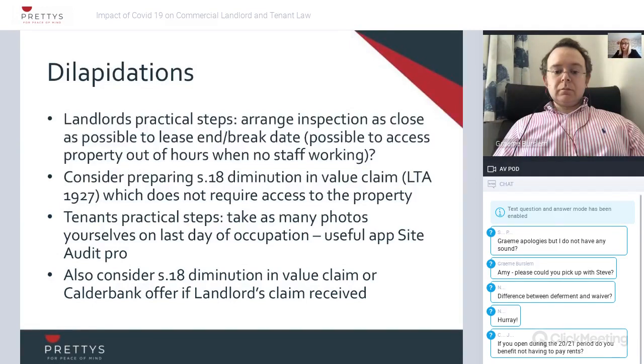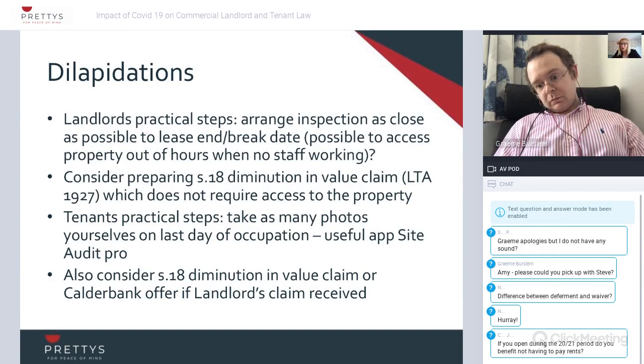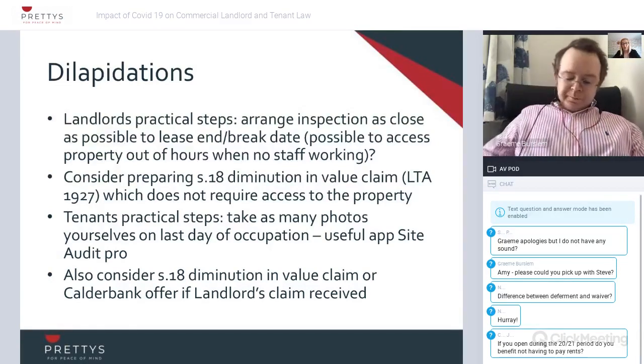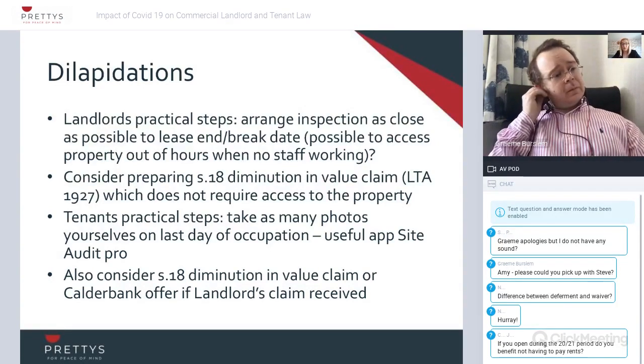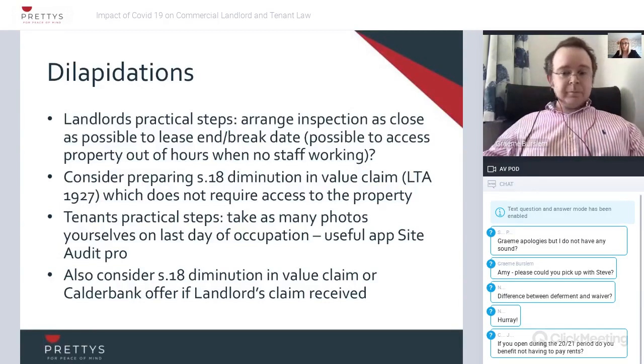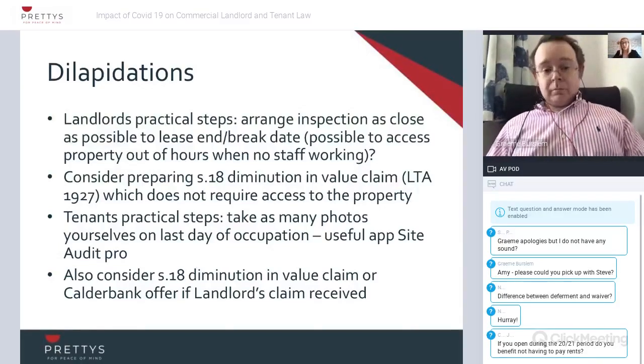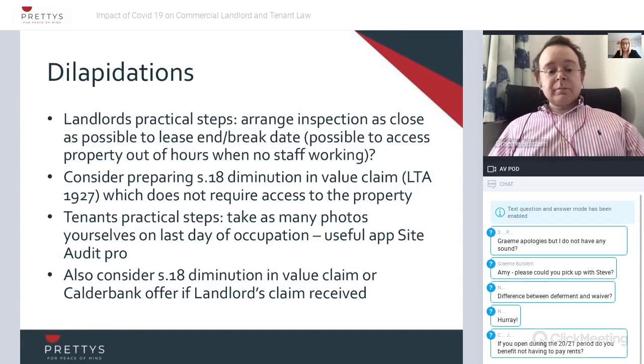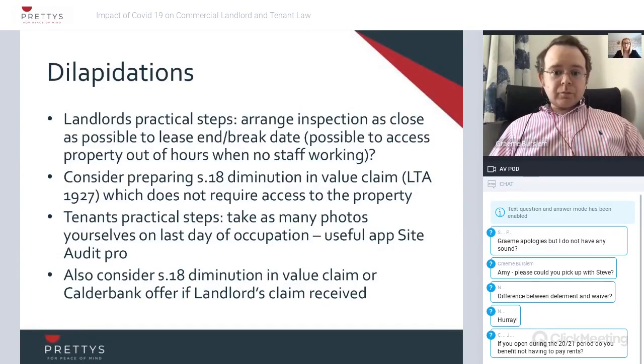So if you can't get your surveyor to go out to the property to produce a full schedule, or you don't feel that it warrants that level of support, one of the things you can do is to prepare a schedule yourself. Again, it has its own inherent risks. However, if this is a route you want to go down, there's a really useful app called Site Audit Pro, and it's about $12.99 on the store, and you can use it on your phone.